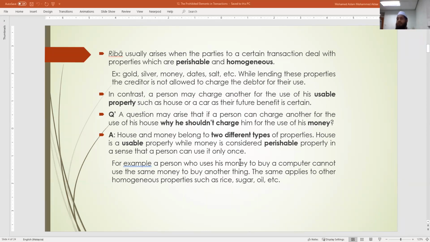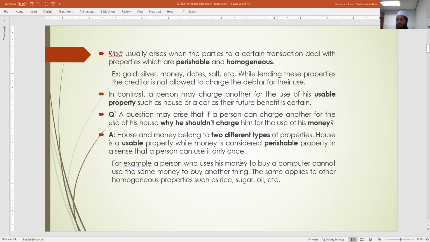All right. For example, a person who uses his money to buy a computer cannot use the same money to buy another thing. The same applies to other homogeneous properties such as rice, sugar, oil. Because when you are returning 1,000 ringgit, you are not going to return to me the same 1,000 ringgit with the same serial number.